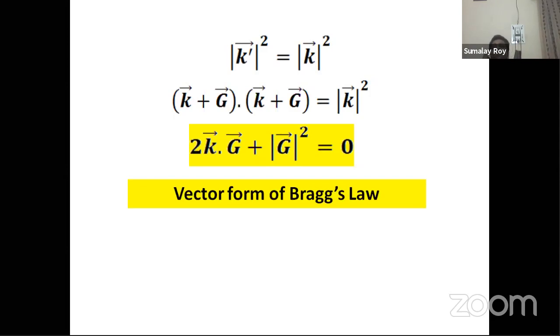And if this condition is satisfied, it is sometimes called Bragg reflected or sometimes called Laue reflected. Both are the same. This is the condition of diffraction. Whenever this condition is satisfied, we get a diffraction in any substance.